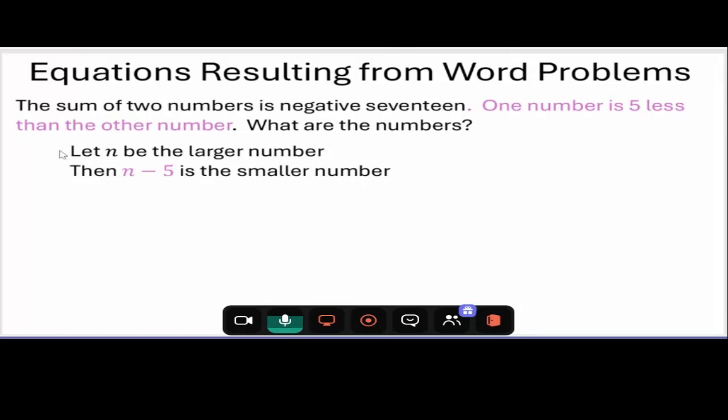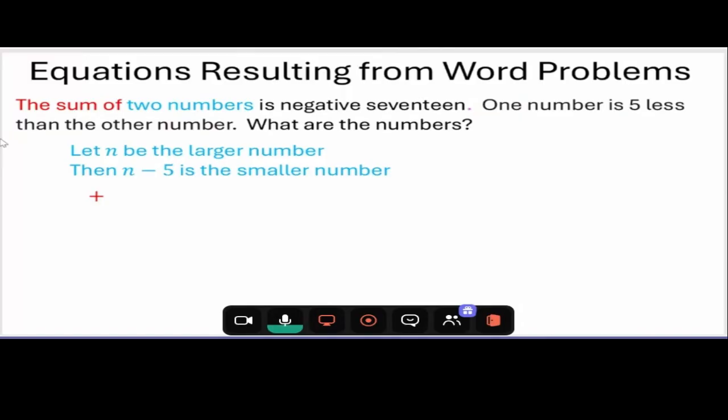Okay, so let's build an equation. We know that the numbers are n and 5 less than n because it tells us so. The sum of, that means 2 things are going to be added. What are the things that are added? 2 numbers. What are the 2 numbers? All right, put them both in blue now.